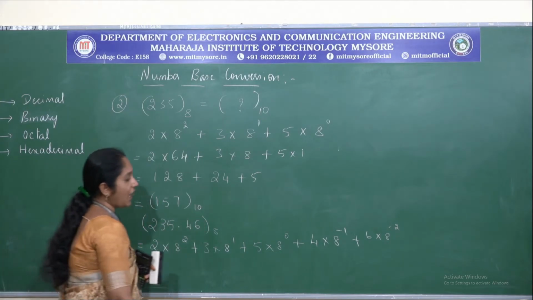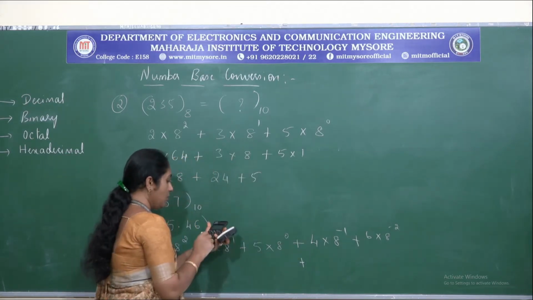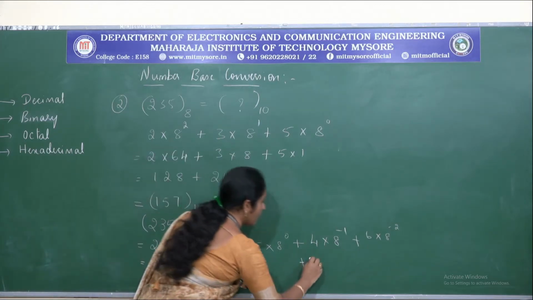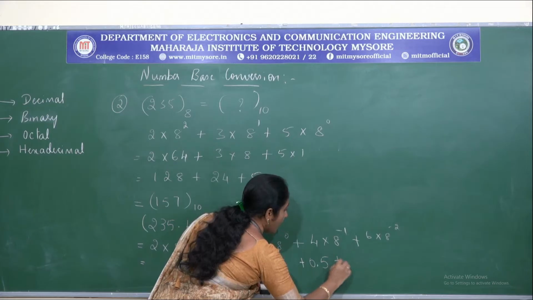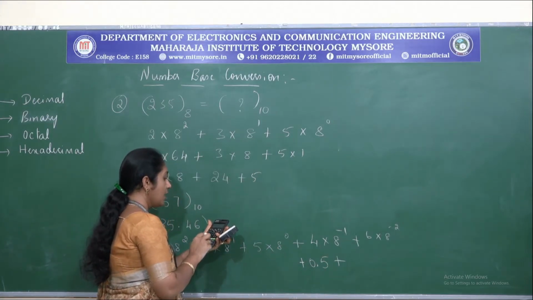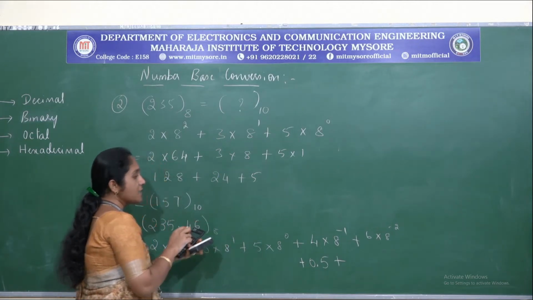Let us find out the fractional part and write the sum. 4 into 8 power minus 1, therefore 4 divided by 8. So it is 1 by 2, which is nothing but 0.5, plus 6 divided by 8 power 2. 8 square is 64.